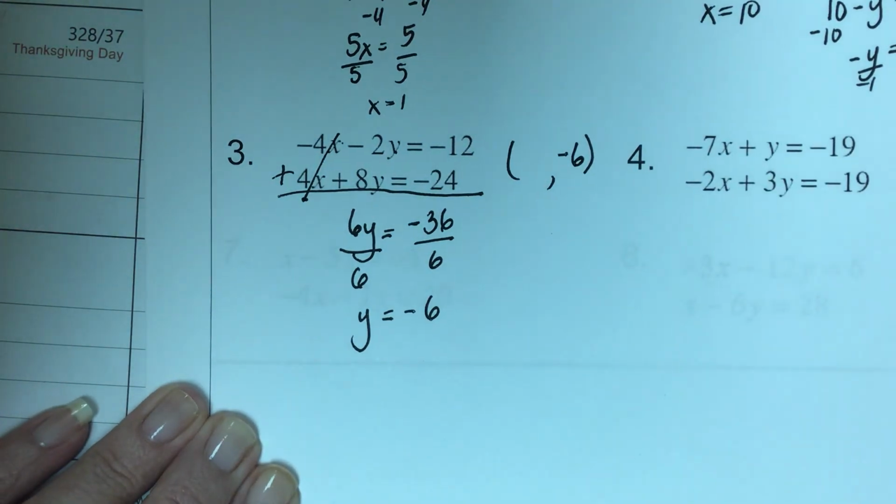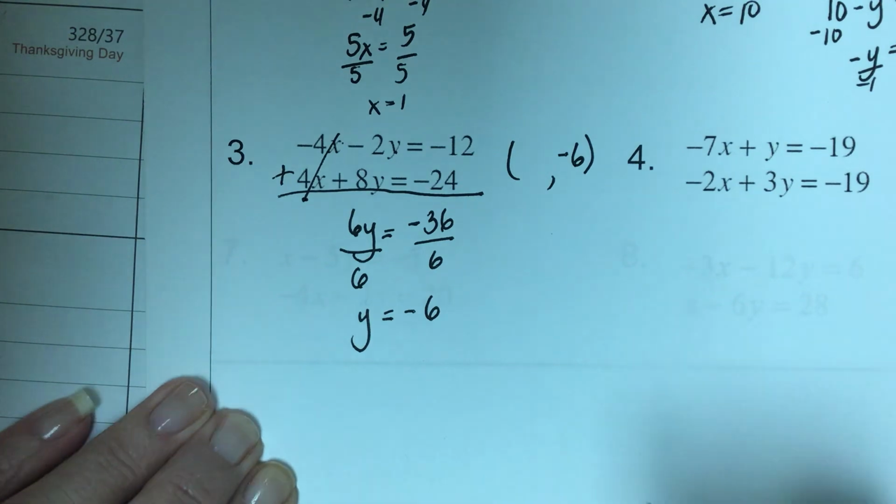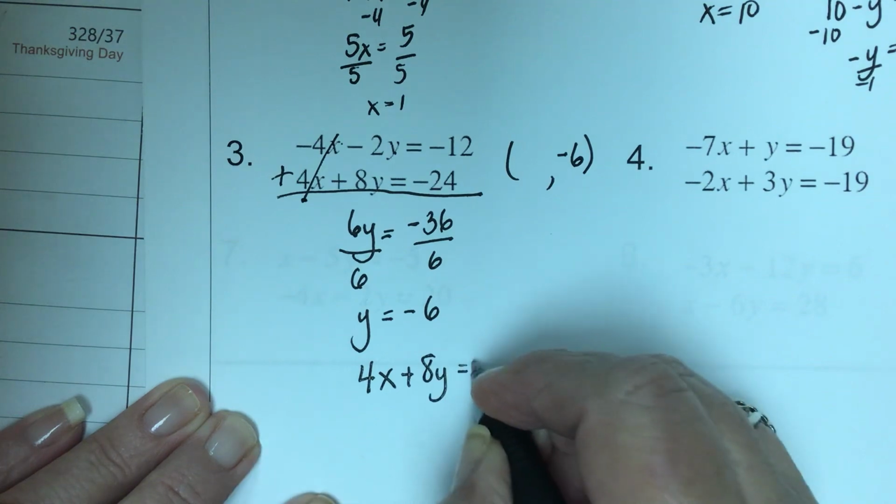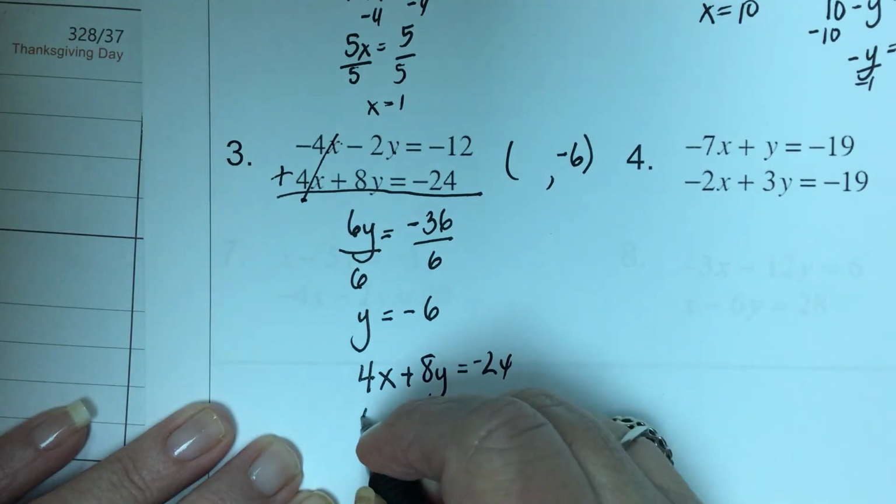Substitute into one of the original equations, so I'm going to choose the bottom just because it's almost all positive. I'm going to substitute negative 6 in.